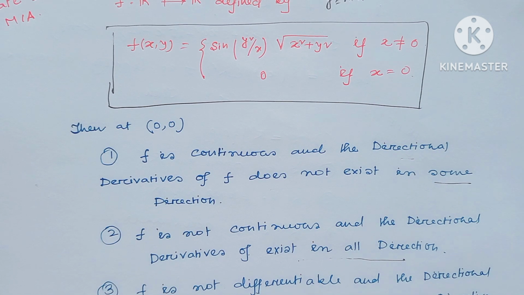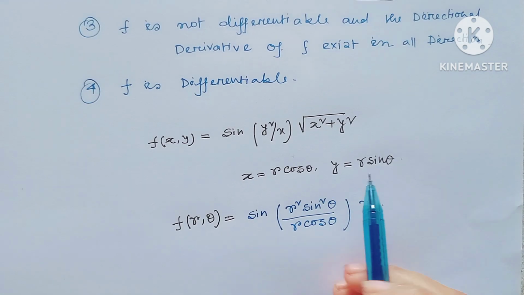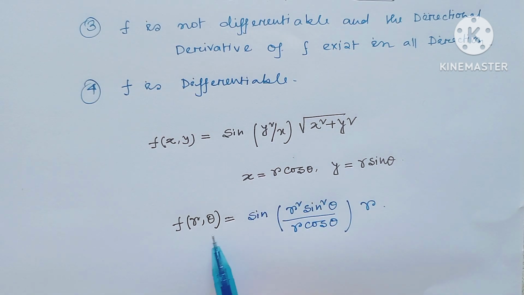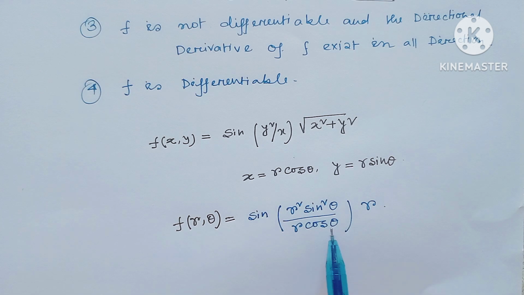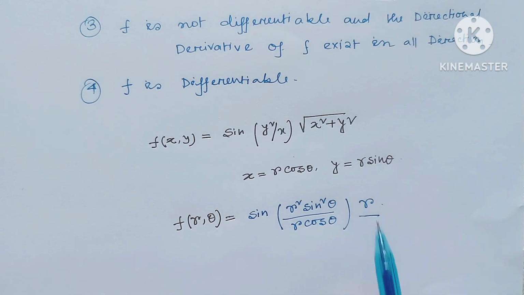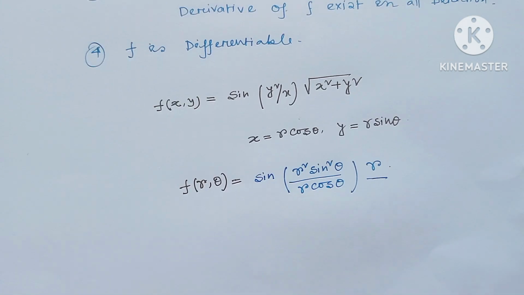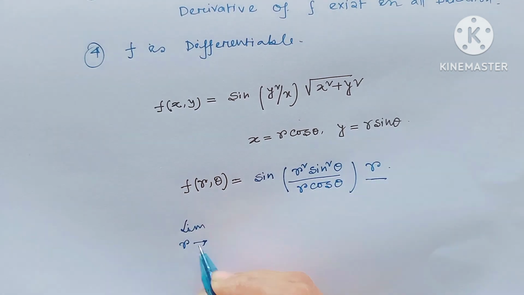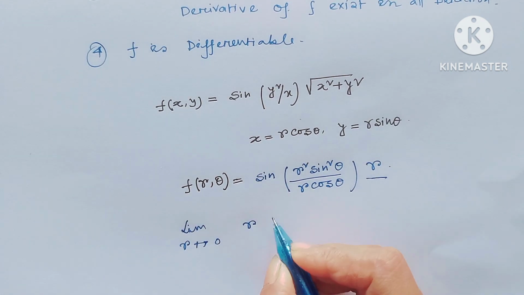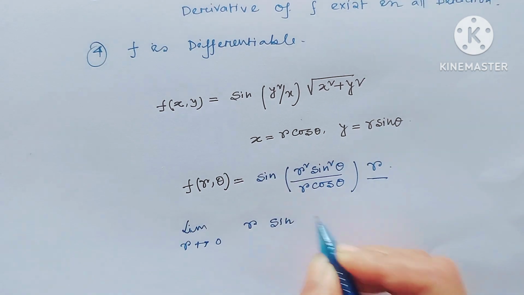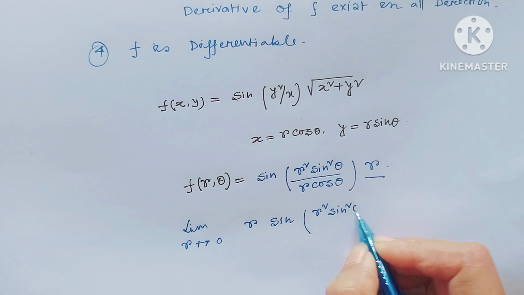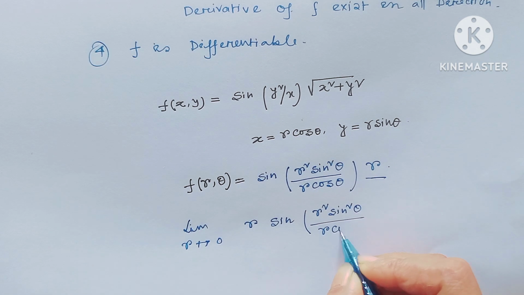Put x equal to r cos theta and y equal to r sin theta. After putting this, the value would be f of (r, theta) equal to sin(r square sin square theta) divided by r cos theta times r. Taking the limit as r goes to 0, this value would be r times sin(r square sin square theta) divided by r cos theta.